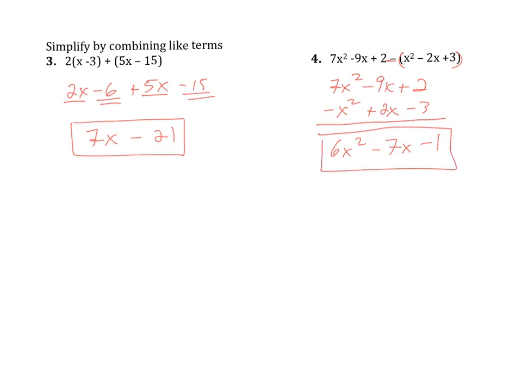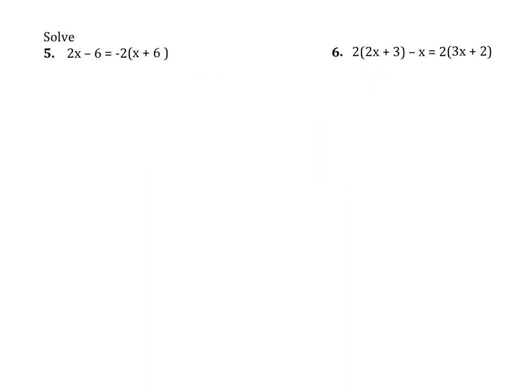There we go. Here, we're solving equations. So in order to solve the equations, we need to simplify both sides. So the left-hand side, nothing's really being done to it. It's 2x minus 6. Over here, we're going to distribute: -2 times x is -2x, -2 times 6 is -12. We want to get the x's on one side and the constants on the other.